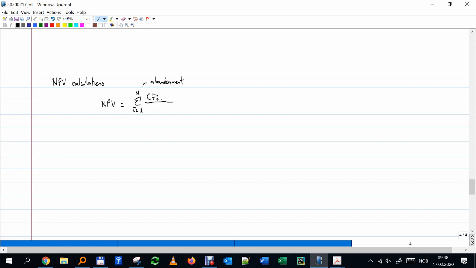Okay, so the cash flow of year i is the revenue minus the expenditures of year i. Okay, and these have to be done in dollars of that particular year, or in NOK of that particular year.